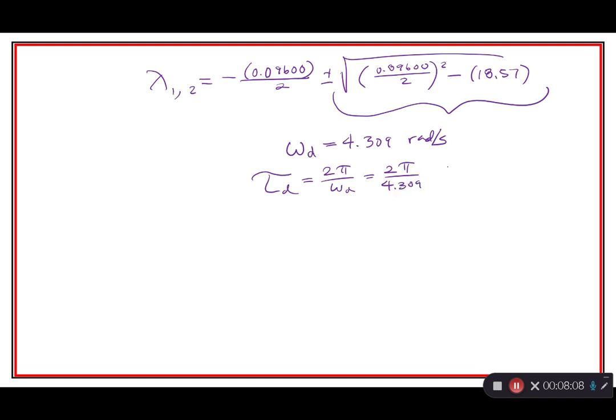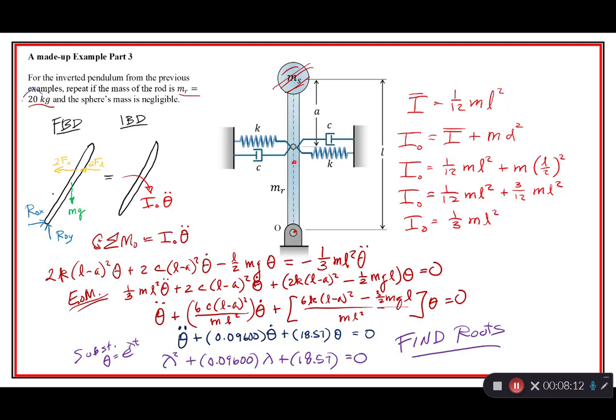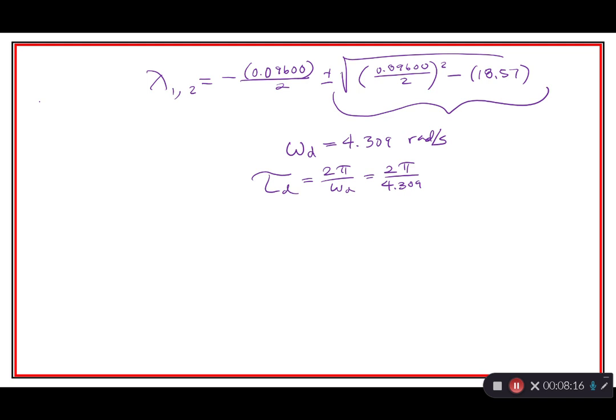Oh, and by the way, I think I changed the mass along the way, right? At this one right here, the mass was 20 kilograms as opposed to the mass at the top, which is 10 kilograms. So it's not really we could compare them. I mean, it doesn't matter. We just keep that in mind when you look at the comparison. But we have the time as 2 times tau d, and that comes out to 2.916 seconds.